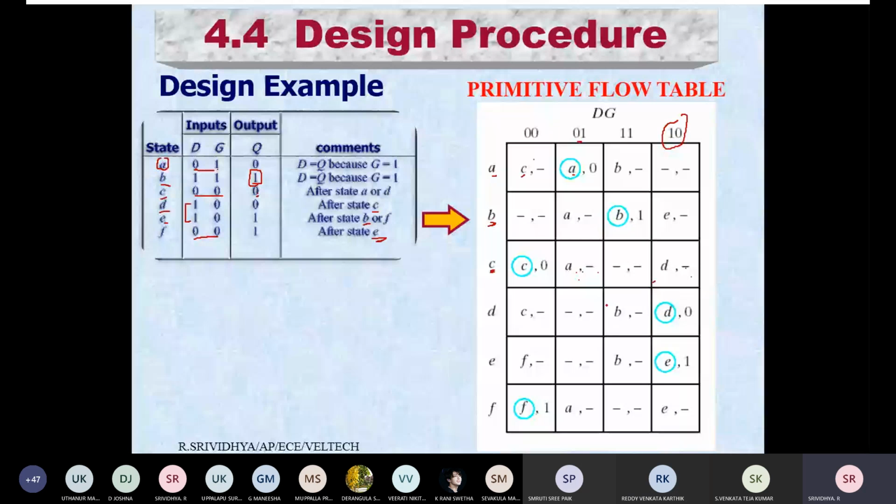But here you can ask me why I'm not taking E. It can be after state B or after state F, because F I have not come across. Suppose it is after state F, this combination cannot be taken. So only I'm taking immediately after state C. That is the safer side, as C state would have completed. So I will take D.